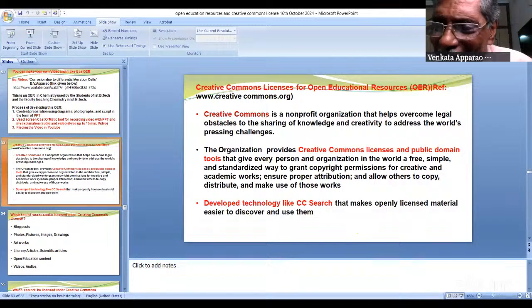In this world, there are people who want to serve the world, who would want to disseminate their knowledge freely and openly to others. There are people. That is how this OER movement is going on in a very big way.